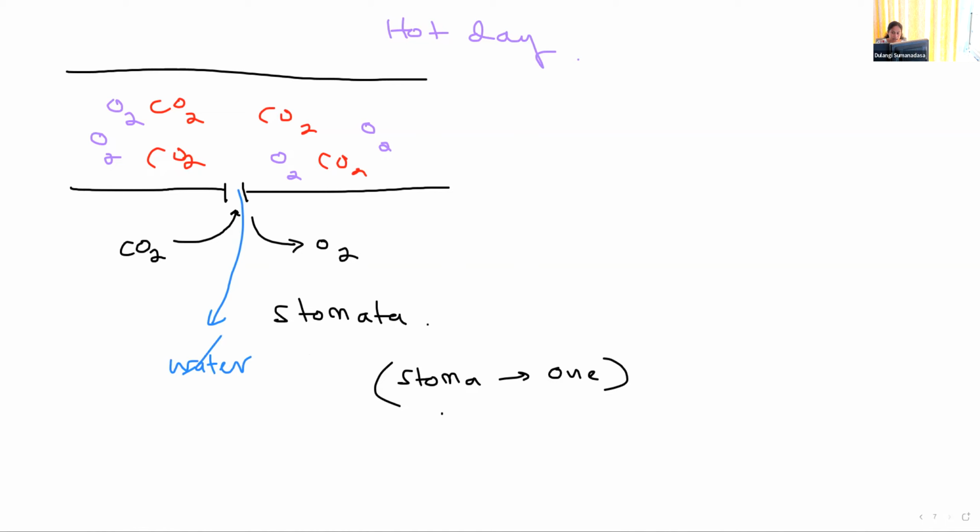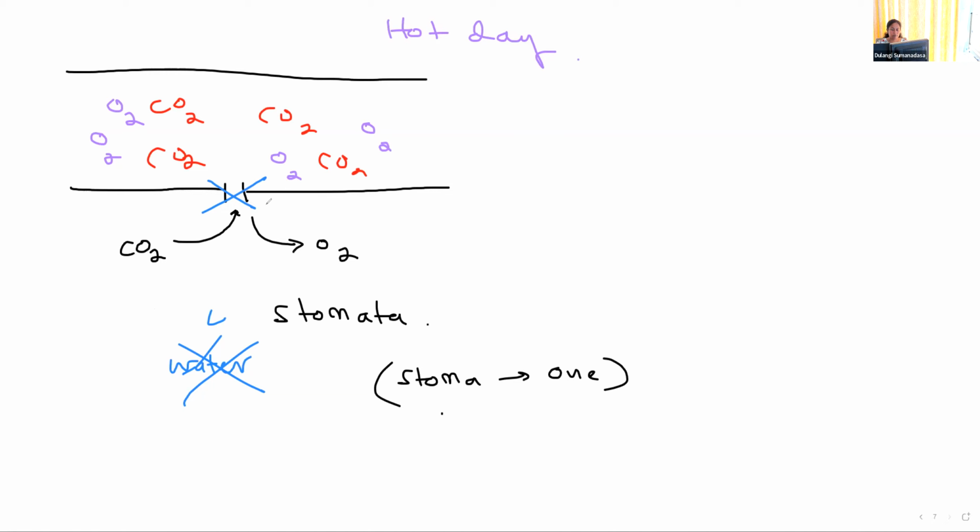The plants have to shut the stomata to stop the water evaporation, otherwise they can't survive, right? So at one point, if the outside is very, very dry and hot, the plant needs to close the stomata, right? Because they need to save the water.